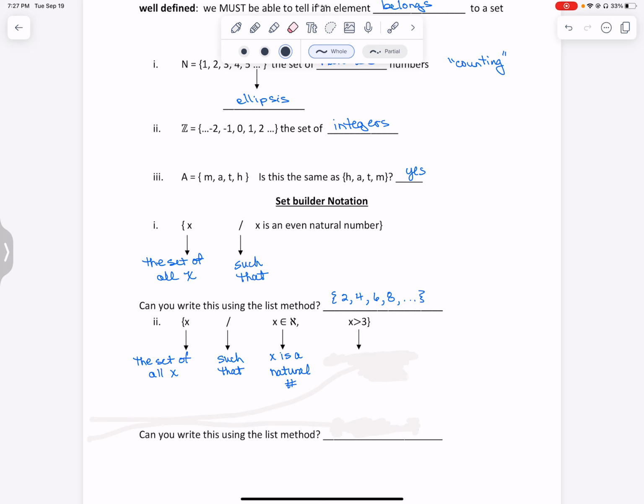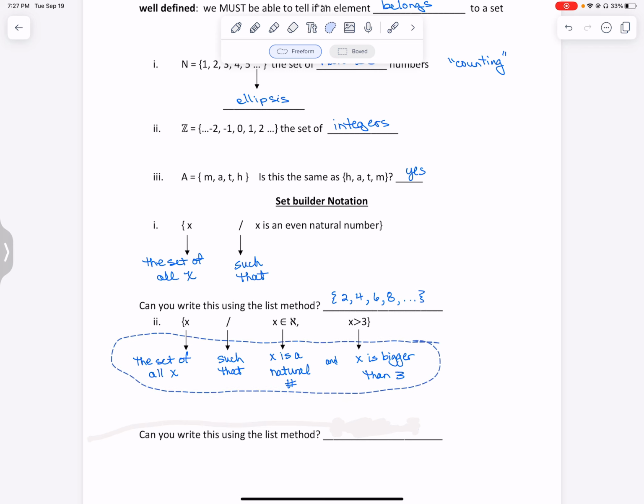And x is greater than 3. So x is bigger than 3. You would read that, notice there's not a single word in there, as: the set of all x such that x is a natural number and x is bigger than 3. So it's all the numbers we count with that are bigger than 3. So what would we start with?